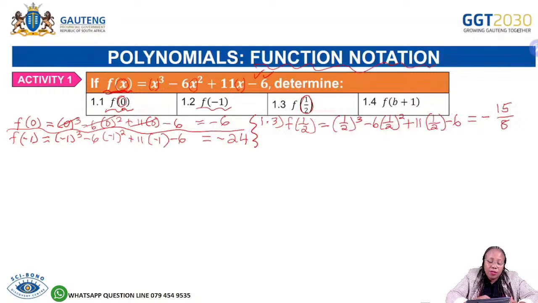All right, and then we move on to the last one, which is 1.4. In this case, we are requested to substitute our x with b plus 1.